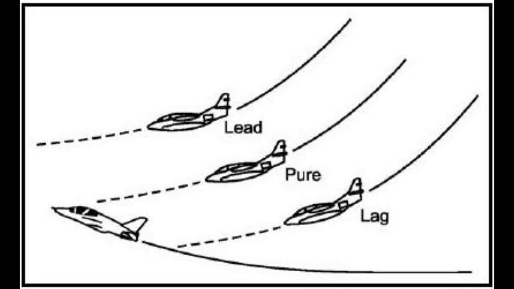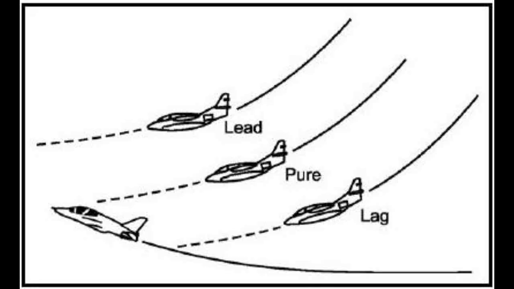We are going to explain each one of them in detail, but as a rough estimation, lead pursuit is achieved by pointing your velocity vector in front of the enemy's intended path of motion. So you are basically pointing your plane in front of the enemy. Pure pursuit is when you are pointed directly at the enemy fighter or plane, which can be a bomber.